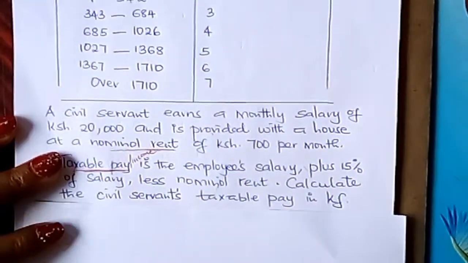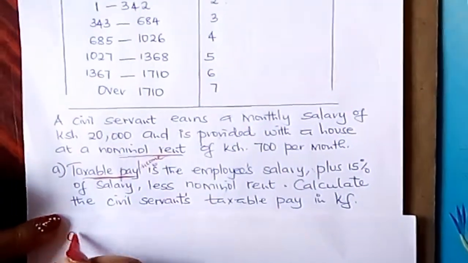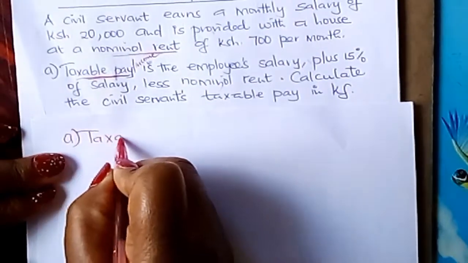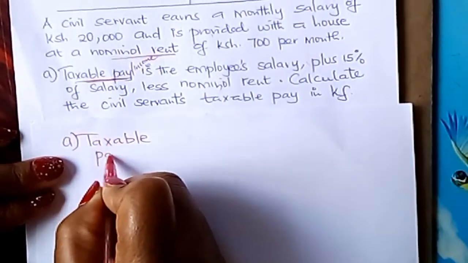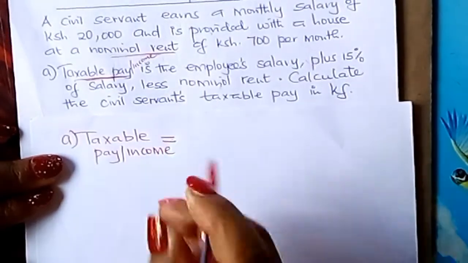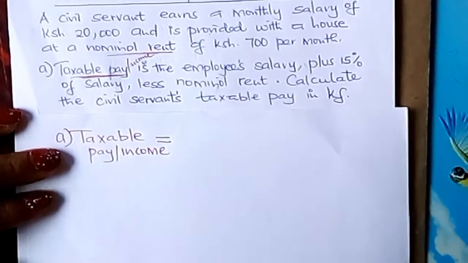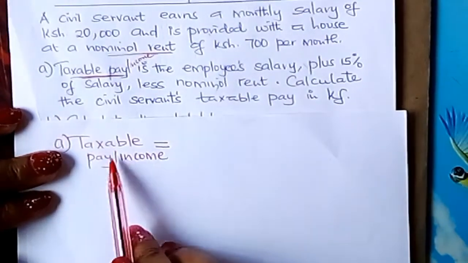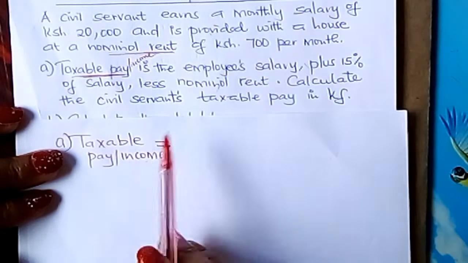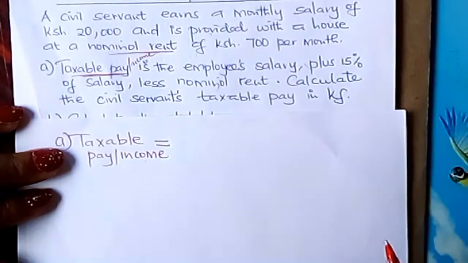We can do it here. So A, taxable pay, or we normally call it taxable income. When the question is having nominal rent, learner, how do you calculate the taxable income? You should know this offhand, although this time the candidates were given the formula.